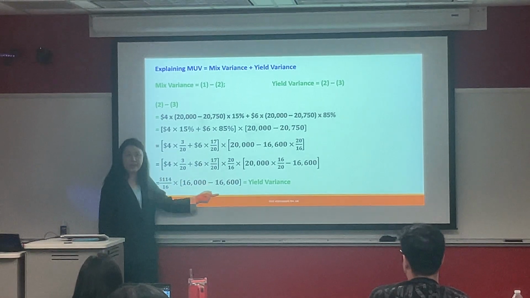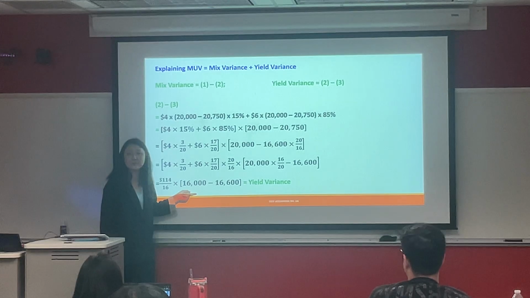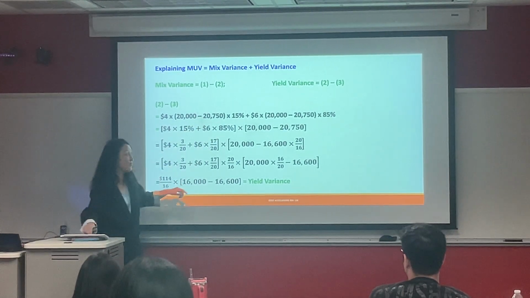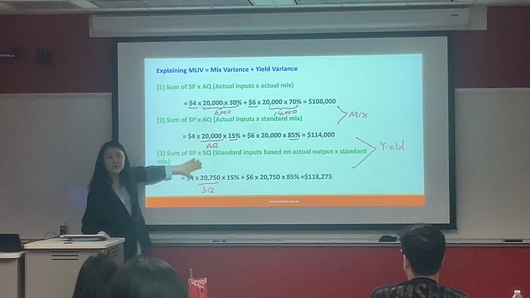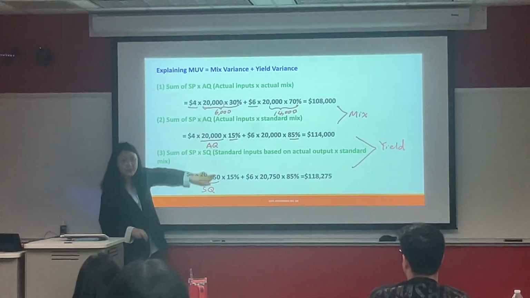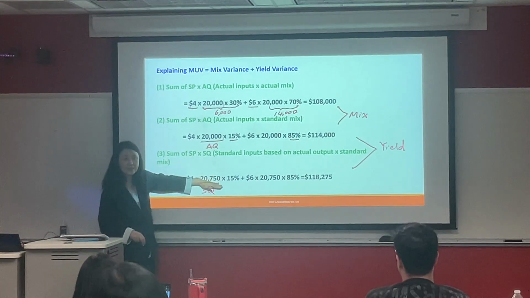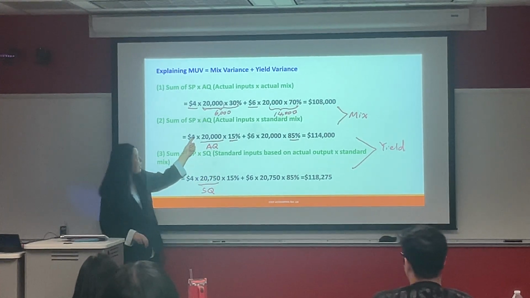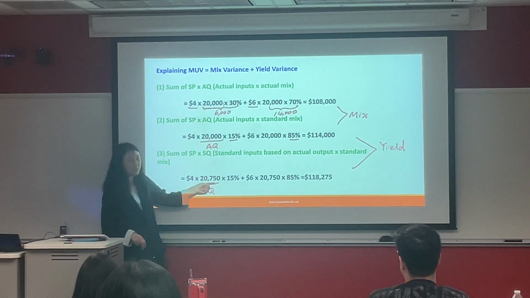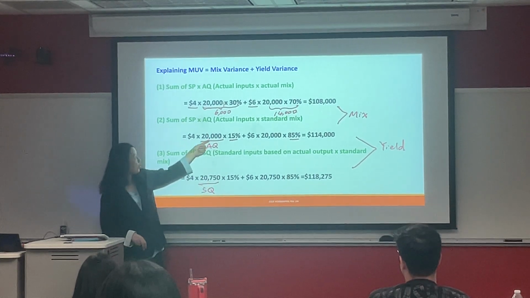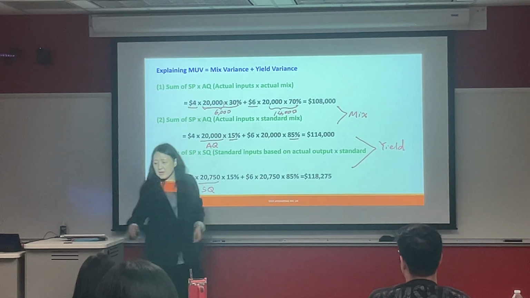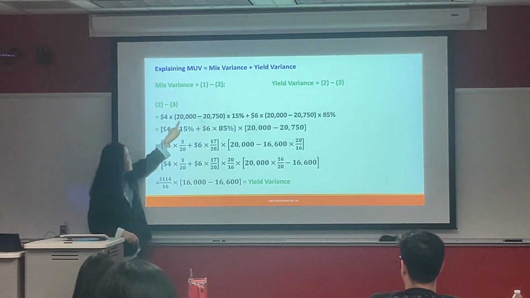At the end of the day, this is the formula we give to the manager, but the formula is actually derived from here, by looking at 2 and 3. If I use 2 minus 3, I have 4 and 15%, and 20 and 2750, so 20 minus 2750. Then the same thing goes here. This is the first line I got.